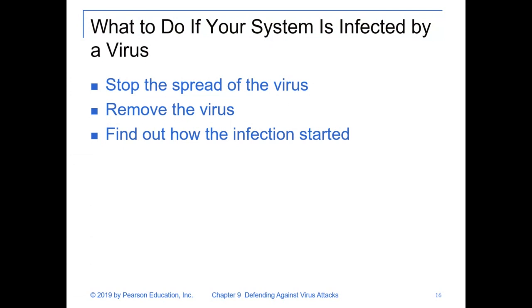After you stop the spread of the virus, you want to remove the virus. You can do this by running an antivirus program, or you should be able to find virus removal instructions on the internet. Then find out how the infection started. For this, you would need to talk to the user of the affected machine and see if anyone opened any email attachments, downloaded anything, clicked on a link, or installed any type of software.